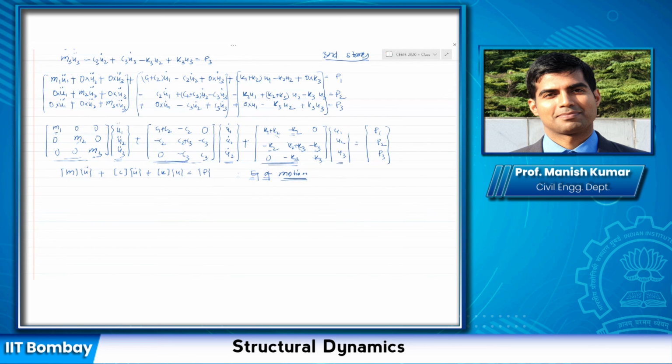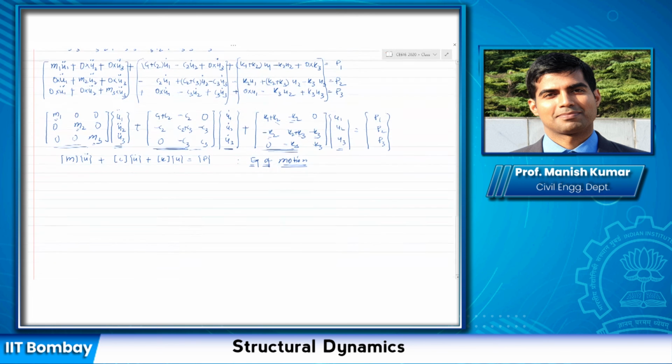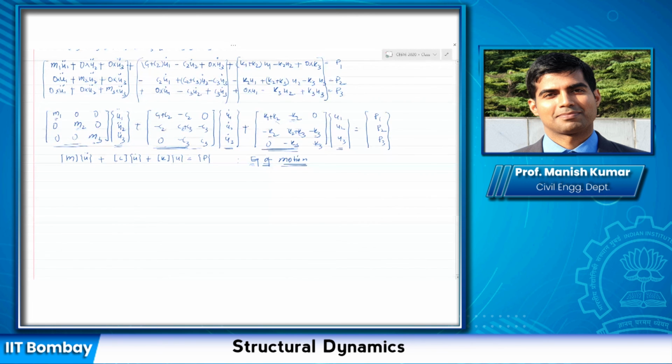Sir, when can we have off-diagonal elements in the mass matrix? We will do an example. We have only considered a lumped mass system here, in which masses are lumped like this, and the degrees of freedom are defined at those masses.